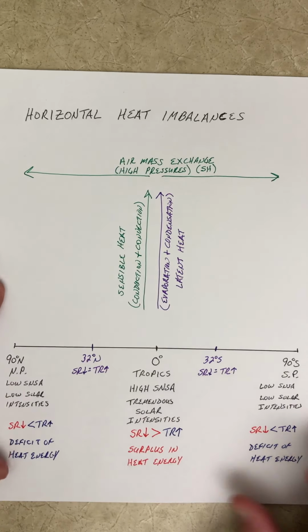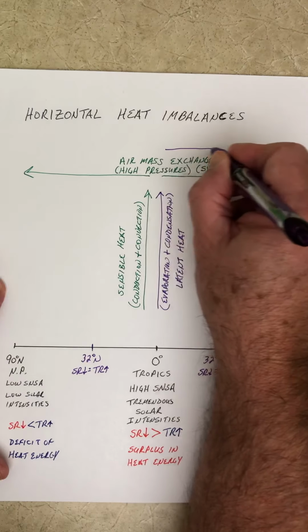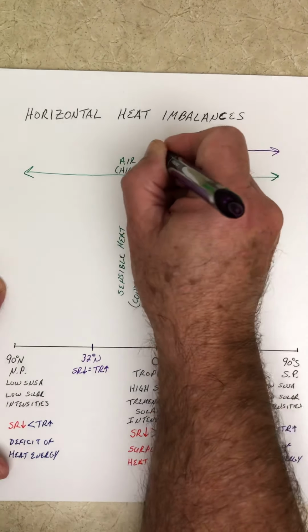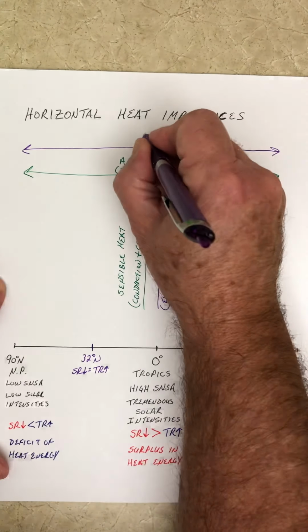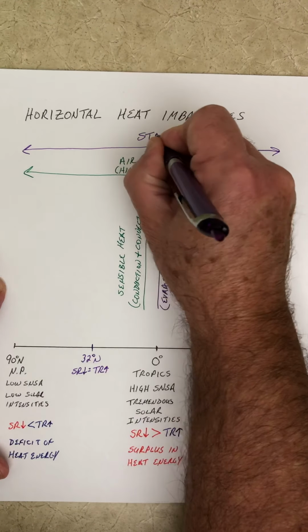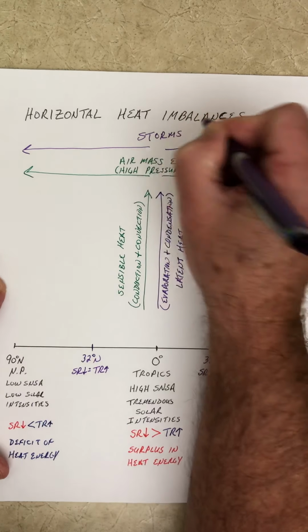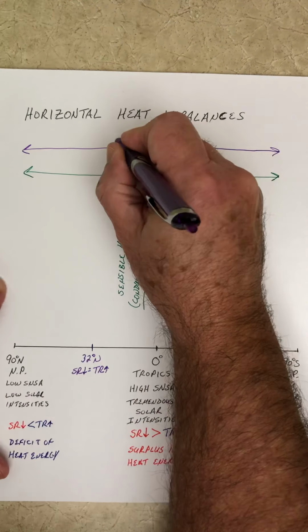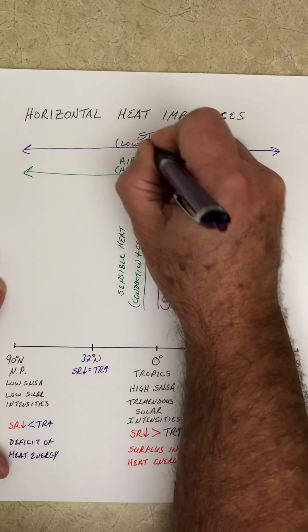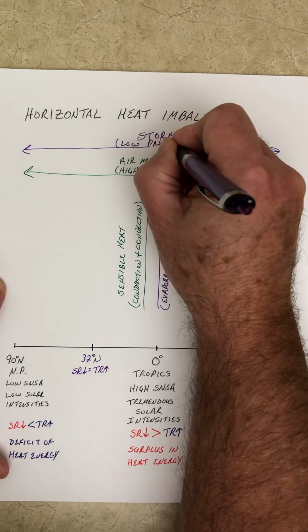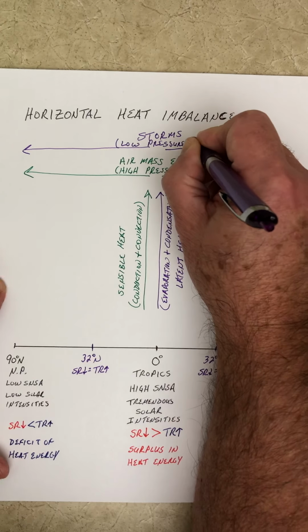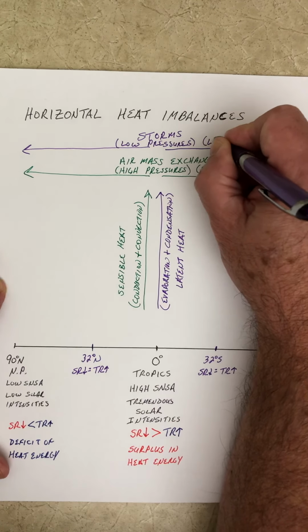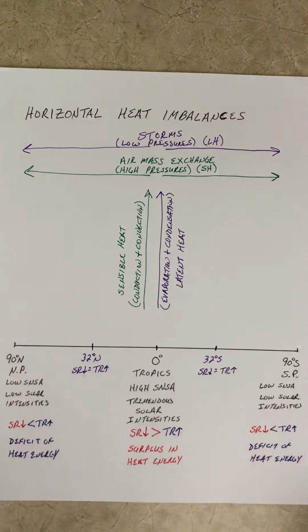Once in the atmosphere, latent heat is going to be moved from the tropics to the poles, and we do this via storms. So basically low pressures. That low pressure might be a hurricane, could be just an ordinary low pressure. So low pressures are moving latent heat horizontally from the tropics towards the poles.